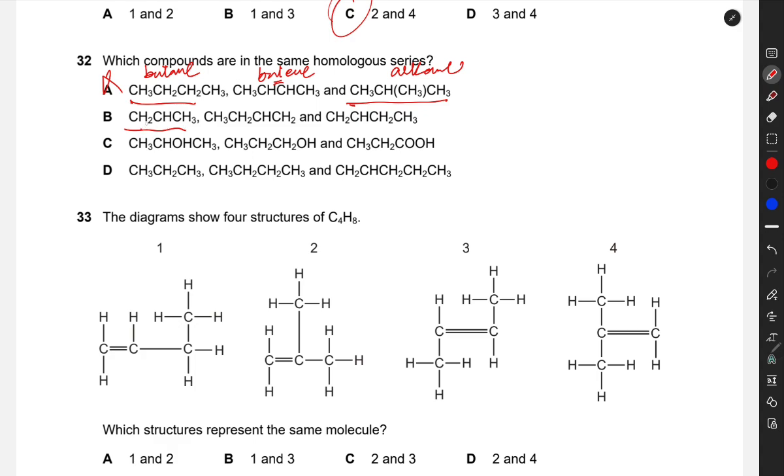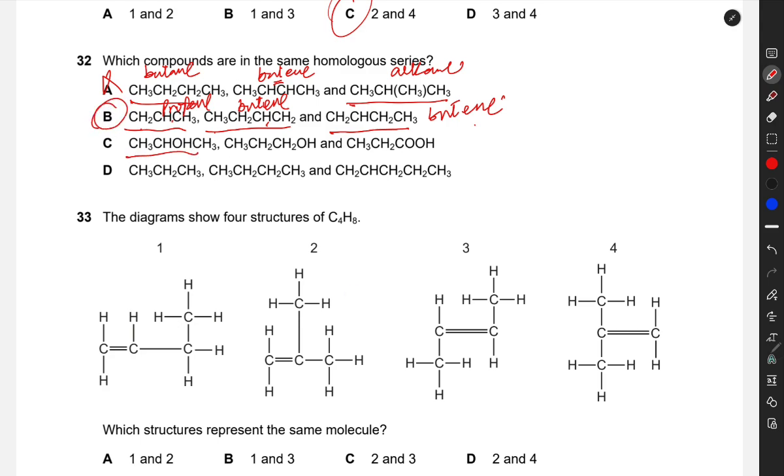This is propene, this is butene, and this is also butene. So B option is the correct option, because it is propene, butene, and again butene.